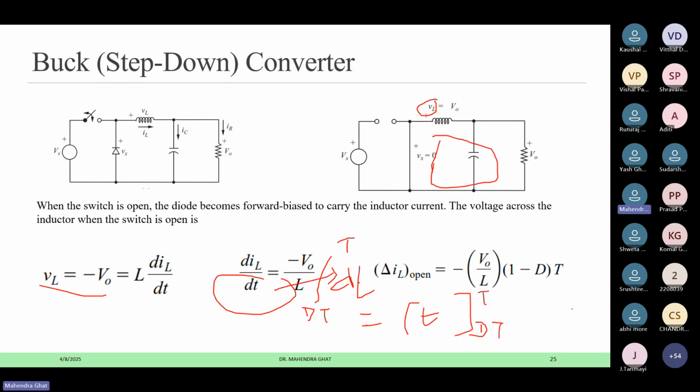If I take T common, I can say 1 minus d into T. So the equation for delta IL open is equal to minus VO by L into 1 minus d into T. These are the two equations we have derived when the switch is on and the switch is off. Now, as we said, the inductor.